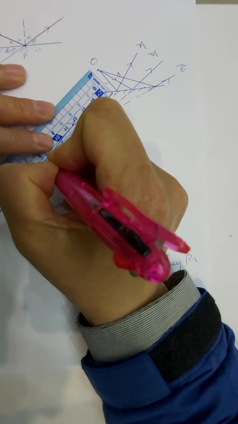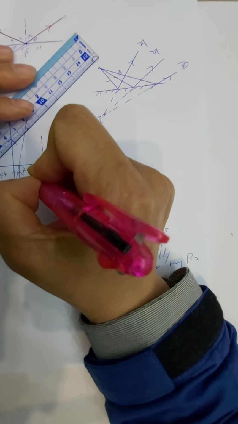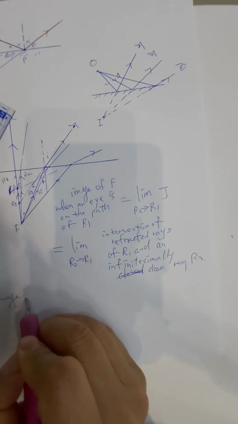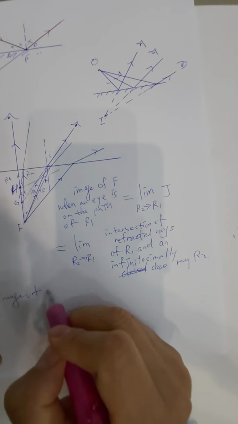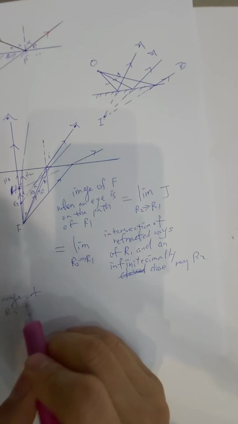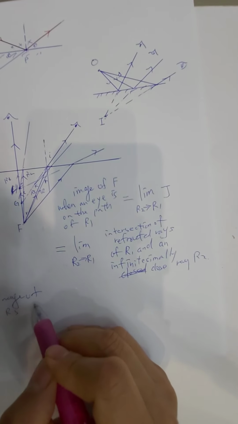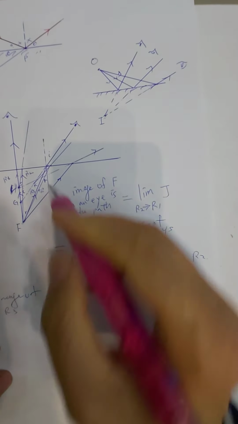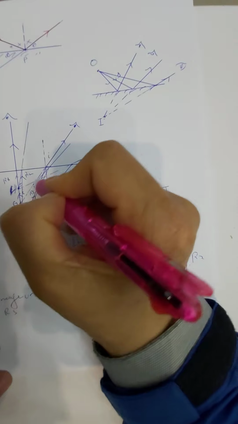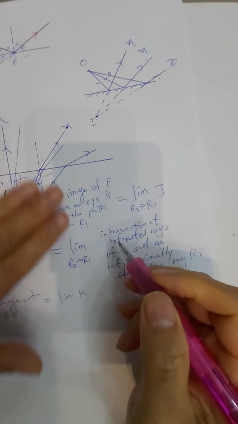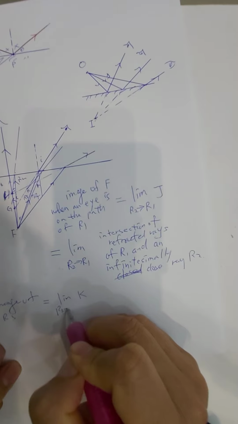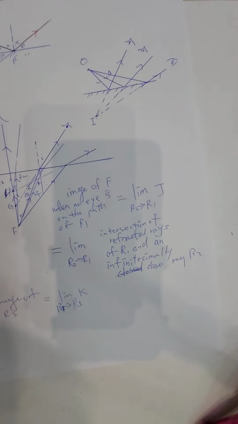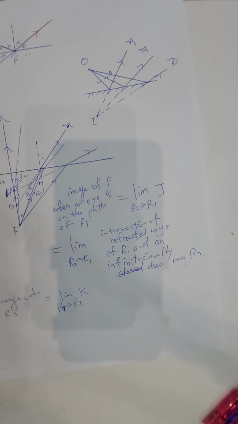Say the refracted ray meets at K. So the image of F when an eye is on the path of R3. It's the limit of the point K when R4 tends to R3.